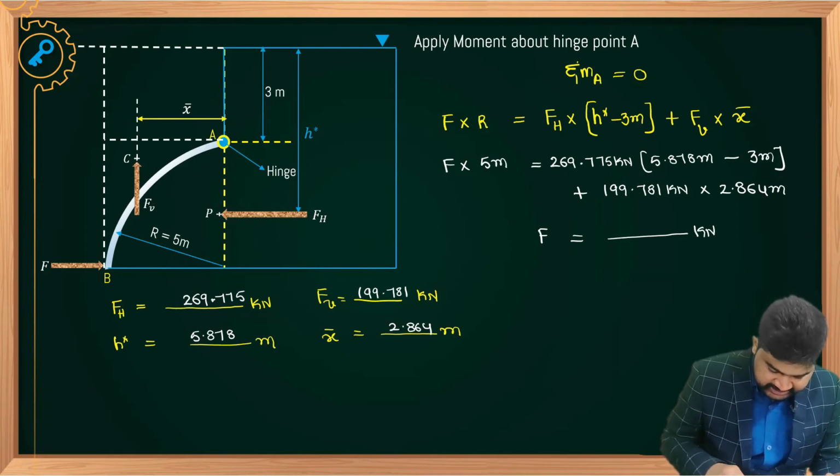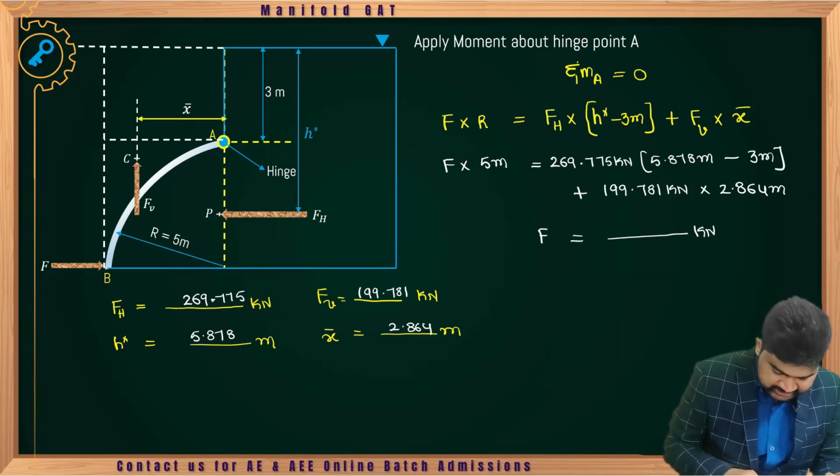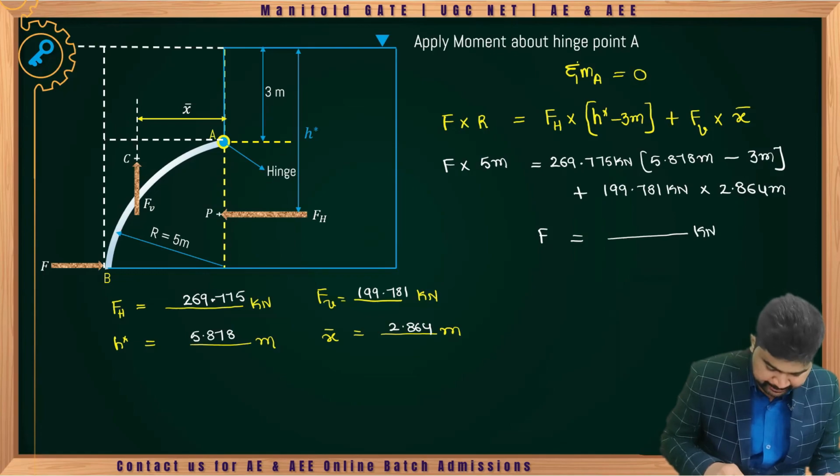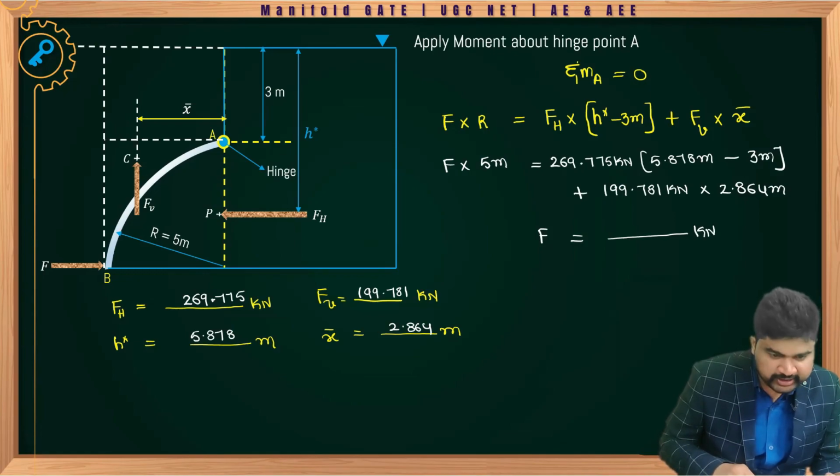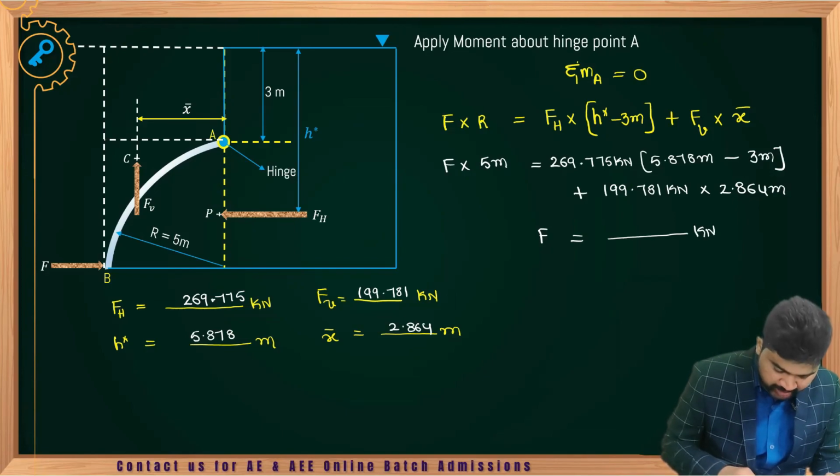Here, how much are you getting? 5.878 minus 3 into 269.775, plus 199.781 into 2.864, divided by 5 meter.